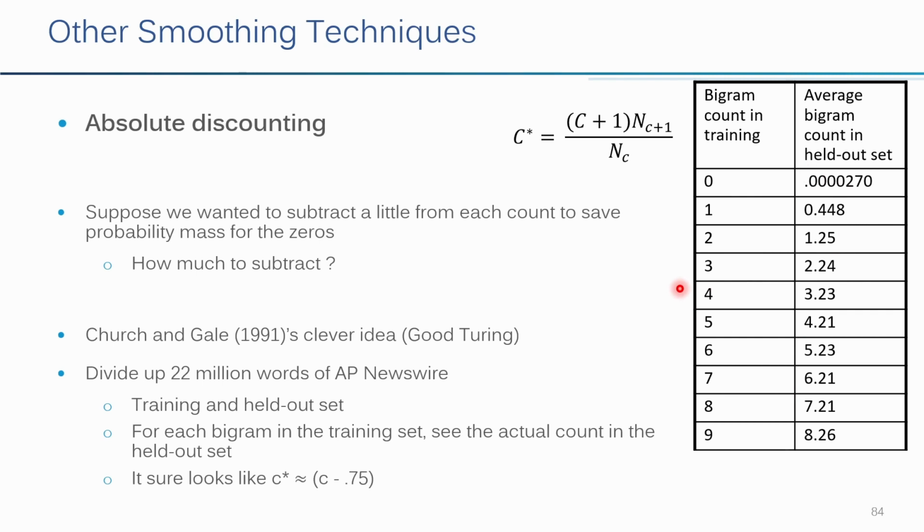And then they saw that if you take whatever absolute count that you have, and then you subtract, in this case right here, 0.75, in the beginning it doesn't normalize that well, but the higher your bigram count is, you see that this discount of around 0.75 gets more and more true, all right?